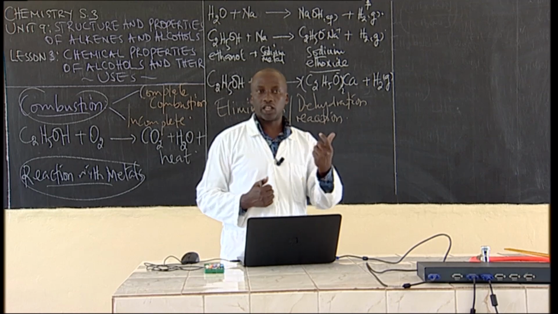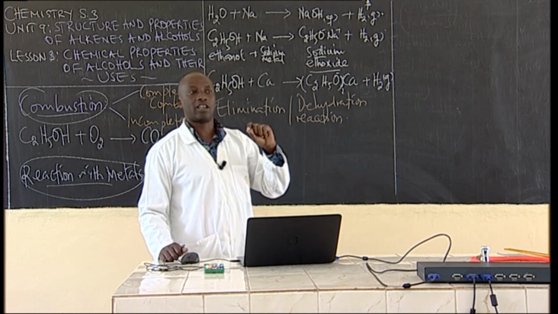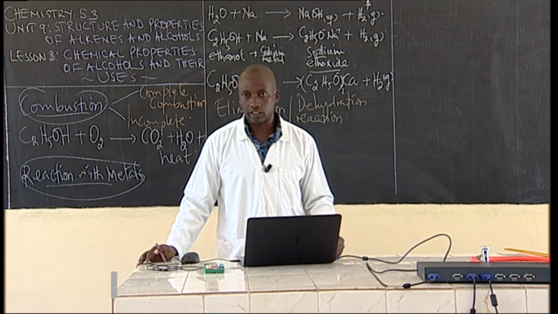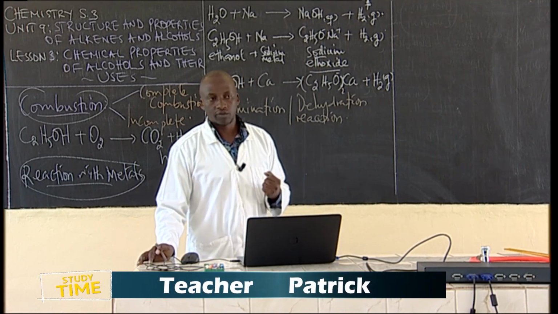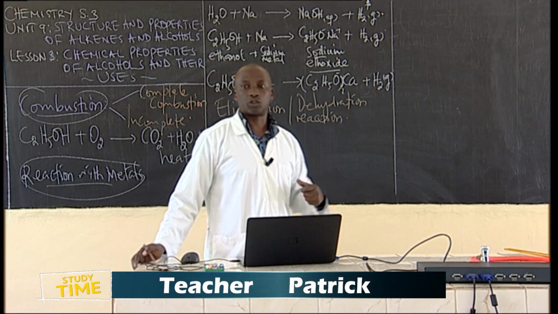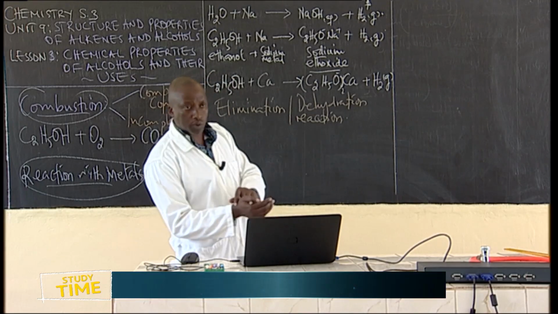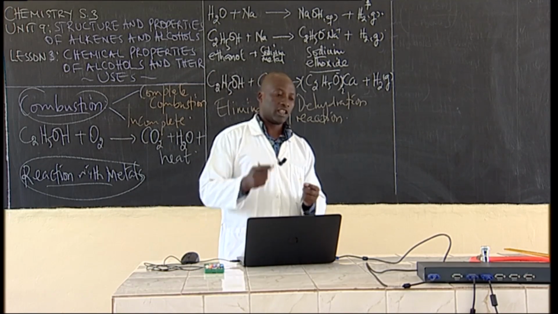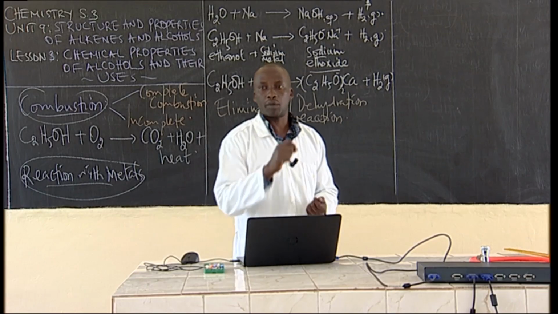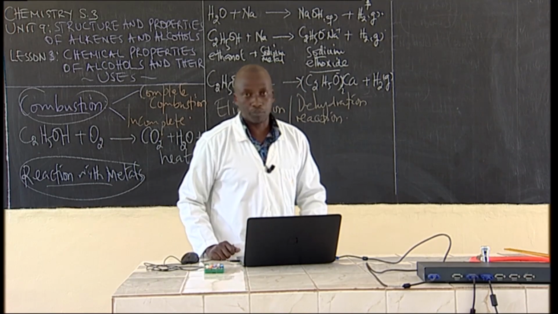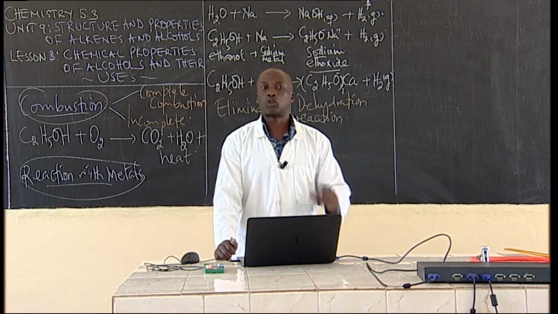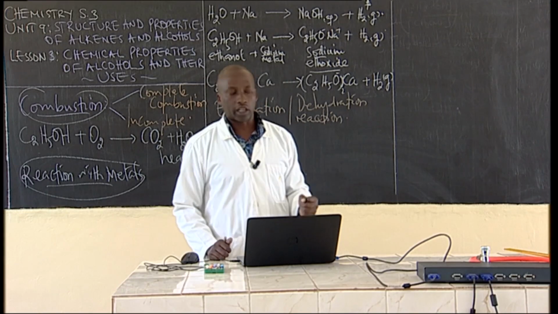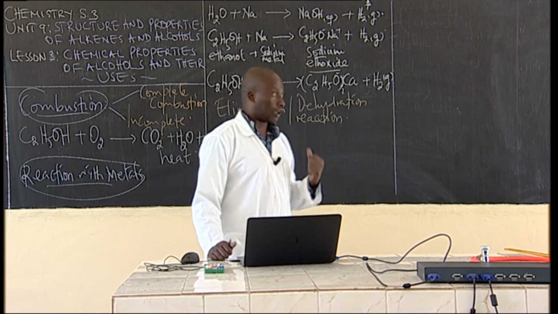So concentrated sulfuric acid is used as a dehydrating agent. It removes the water from substances that contain water. Even when it drops on your skin, that's what it does. If you put either the wood or the cloth or whatever that contains some water molecules, they will be removed.